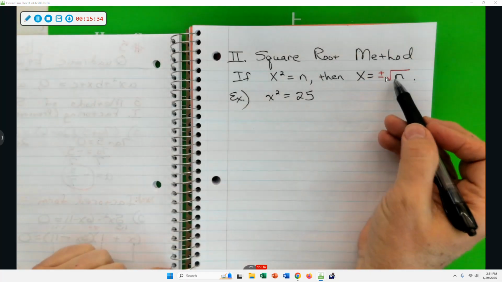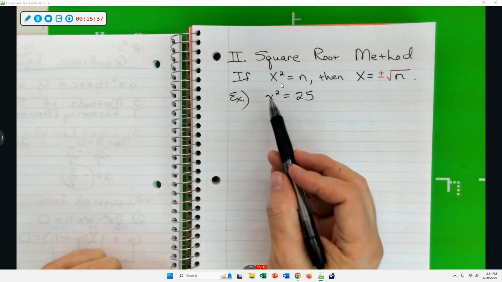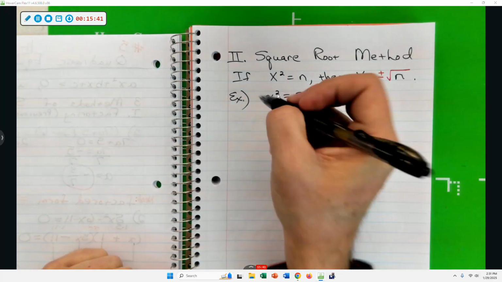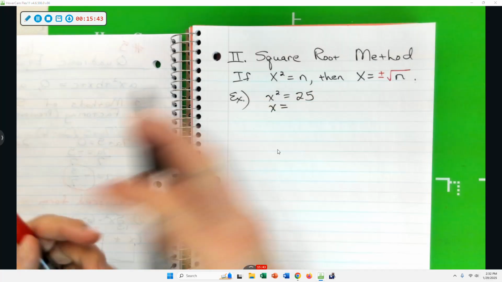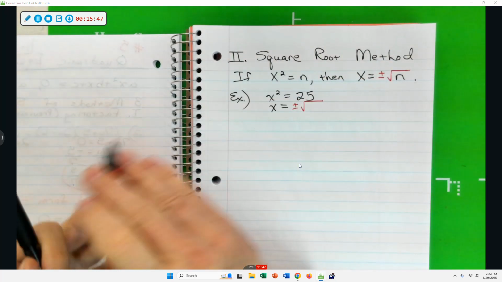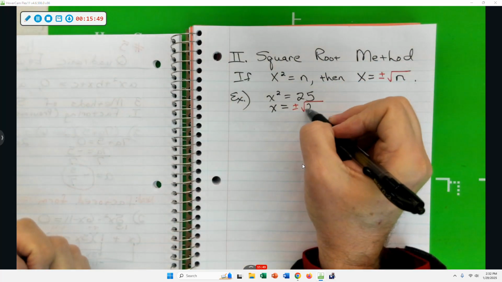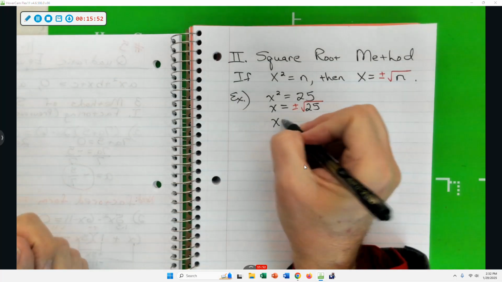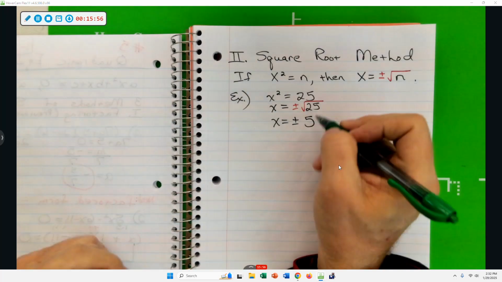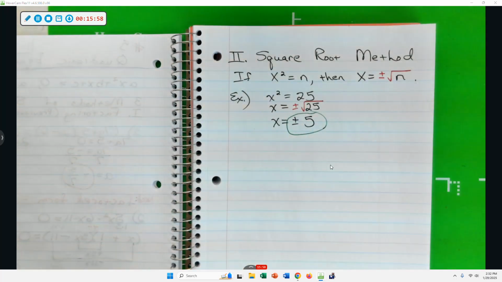If it's in the form something squared equals a number, you can drop the square on one side, but you have to pick up a positive and negative square root on the other side. The square root of 25 is 5, so our answer is positive or negative 5.